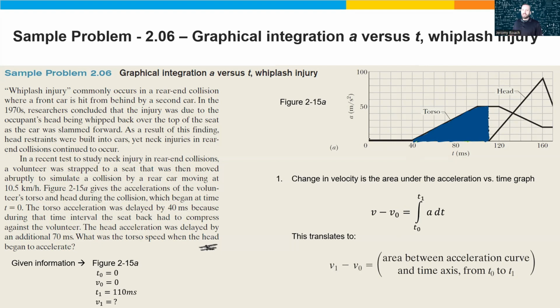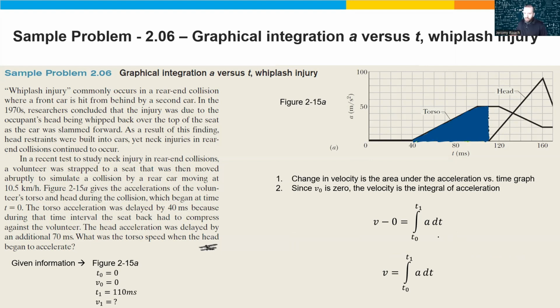Now our initial time is 0, and our first time T1 we wanted to know was at 110 milliseconds. The area is 0 from 0 to 40 milliseconds. There's no area that's been covered there. There's only area here. But if there was area here, we would shade that in as well.